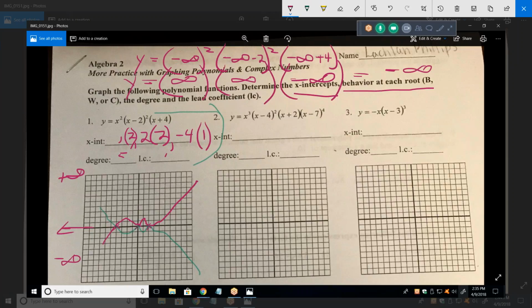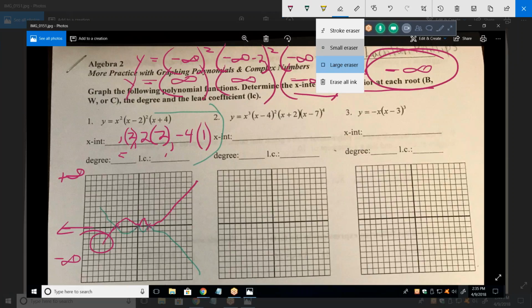which means that is the correct place to start. As x goes to negative infinity, y goes to negative infinity. And remember, I only had two choices here, so I found the right one. Now, it probably means that the best way to do this problem was to figure out the end behavior first.